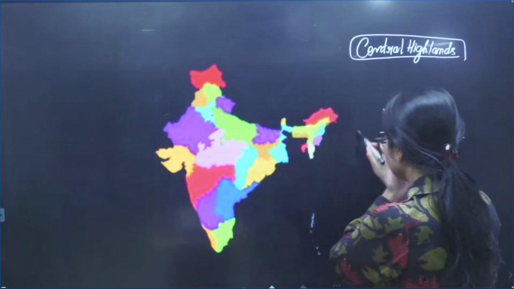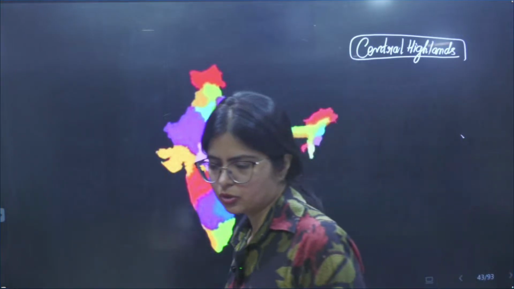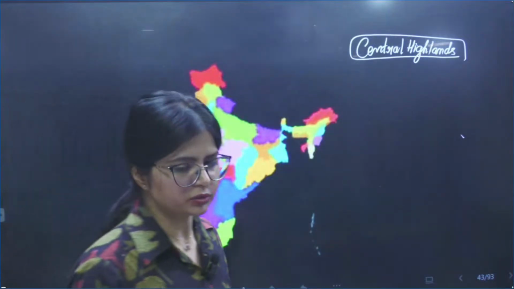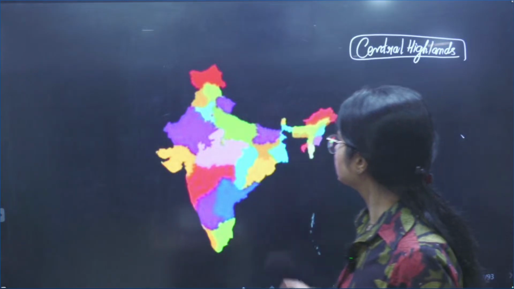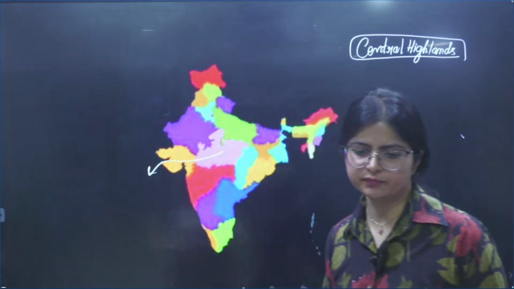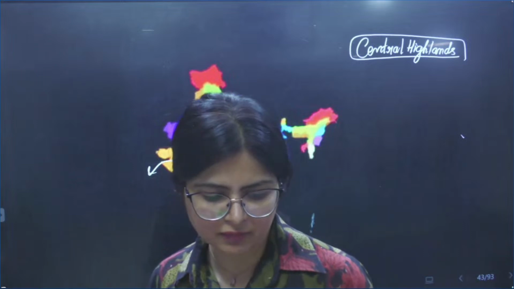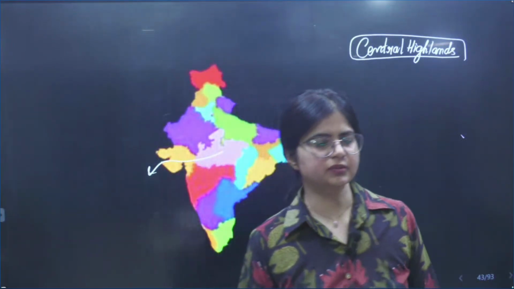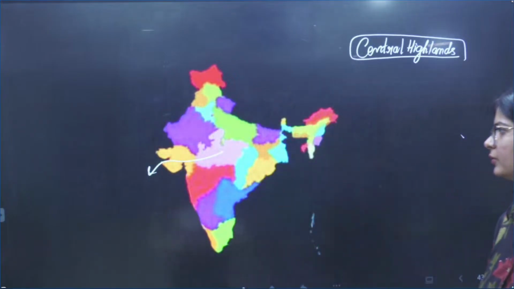In the Central Highlands, first point: the portion of the peninsular plateau which is located to the north of the Narmada river covers a huge part of the Malwa plateau. It is known as Central Highland.